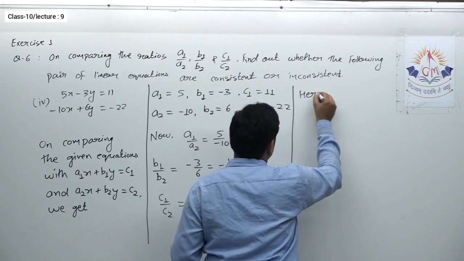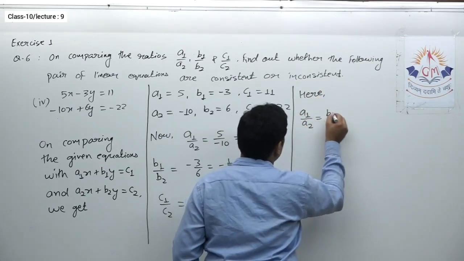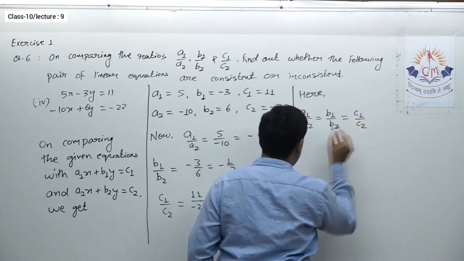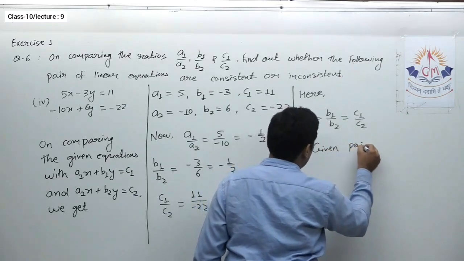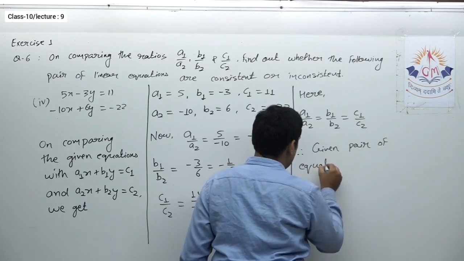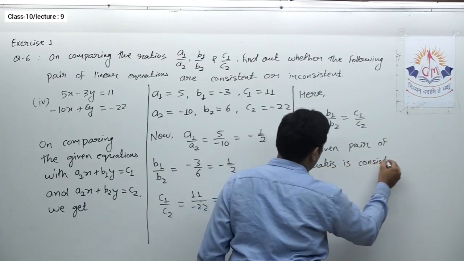So here a1 upon a2 is equal to b1 upon b2 is equal to c1 upon c2. Therefore, given pair of equation is consistent.